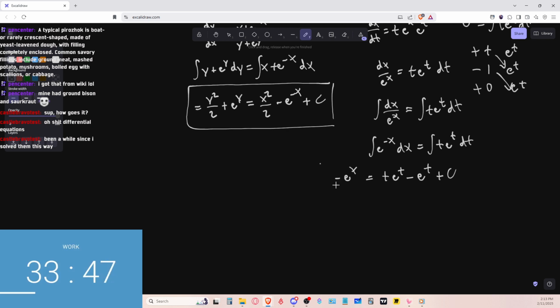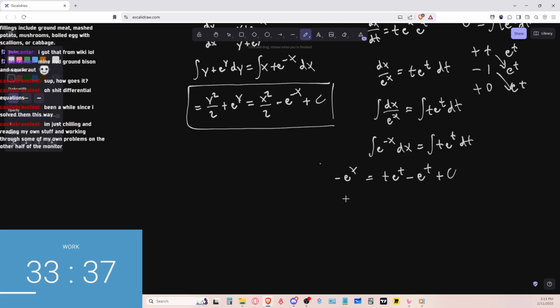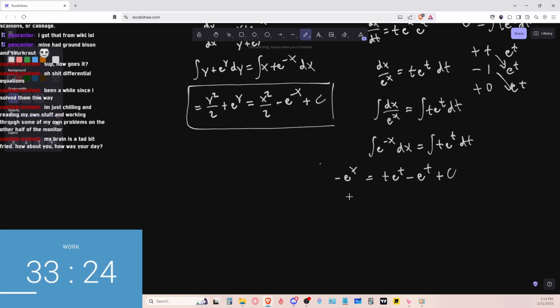Because if you put the natural log, then it would be negative. Okay, now I'm mixing myself up. So when there's a number in front of it, then basically you treat that as the exponent of the variable, right?